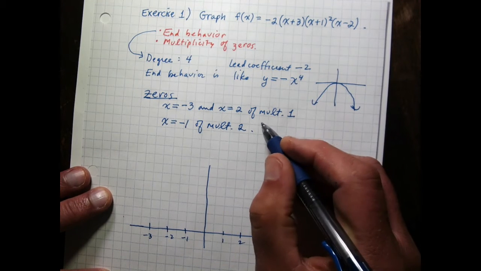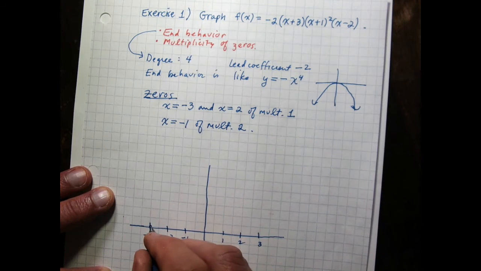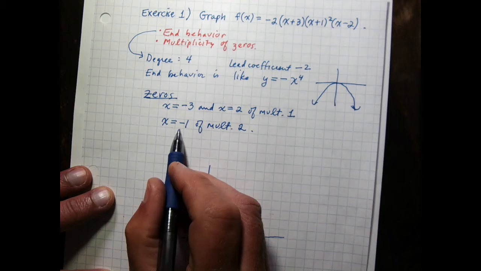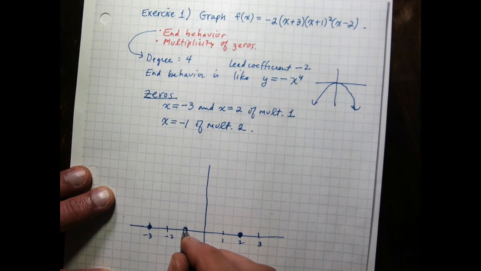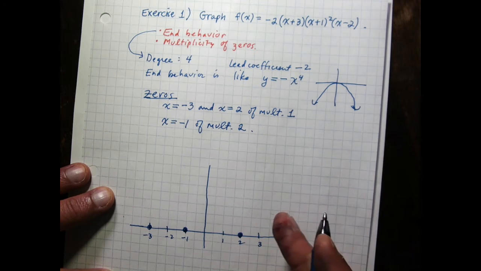We got a 0 at -3, a 0 at 2, and at x equals -1, we got a 0 of multiplicity 2. Now, I don't know right now which way the graph cuts through these zeros. And I don't want to pick values close to each 0 like I did in that previous discussion. That was just to help motivate this idea.